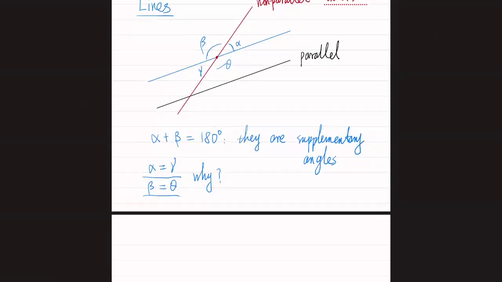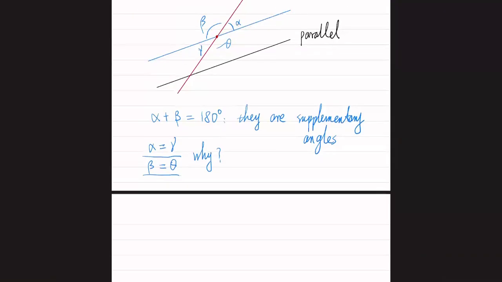Okay, yes. So why? Let's look at the picture. For alpha and beta, if we consider this line, they are supplementary. Okay, proof.